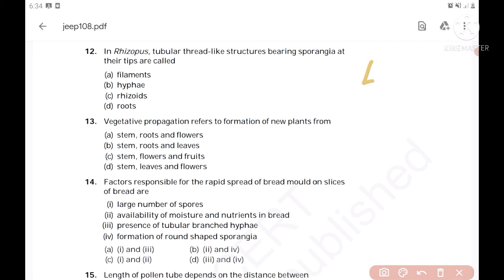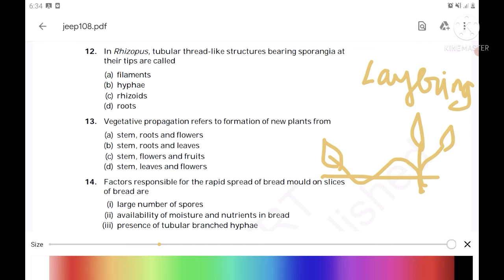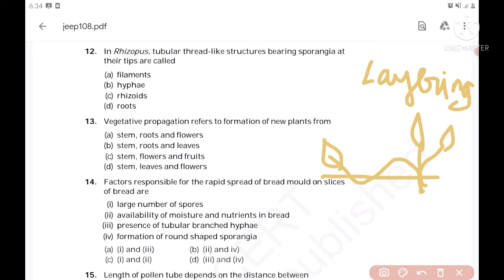We'll go for the next one, that is layering. In this, one of the stems of a plant is bent down until it touches the ground. This is the soil. Now it is bent down and buried lightly, partially under the soil.